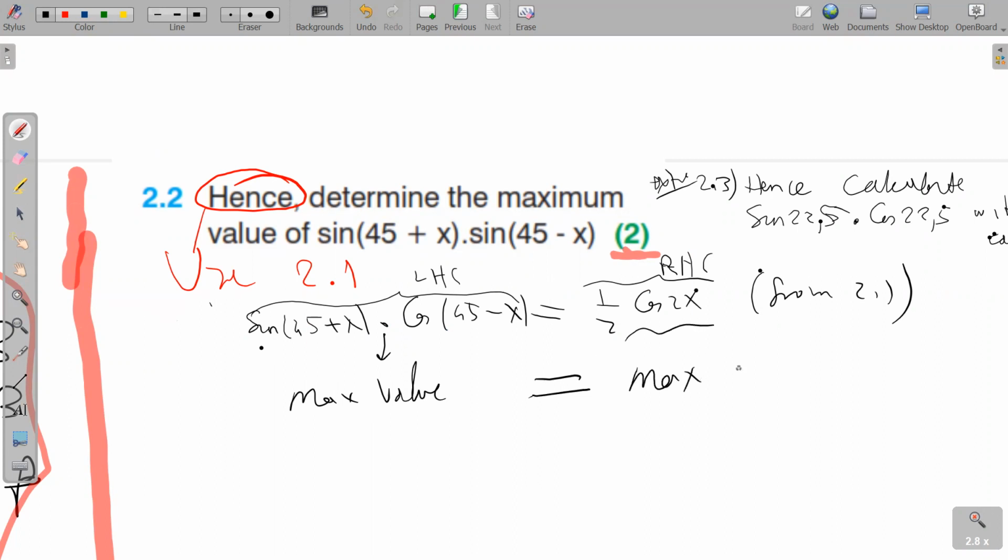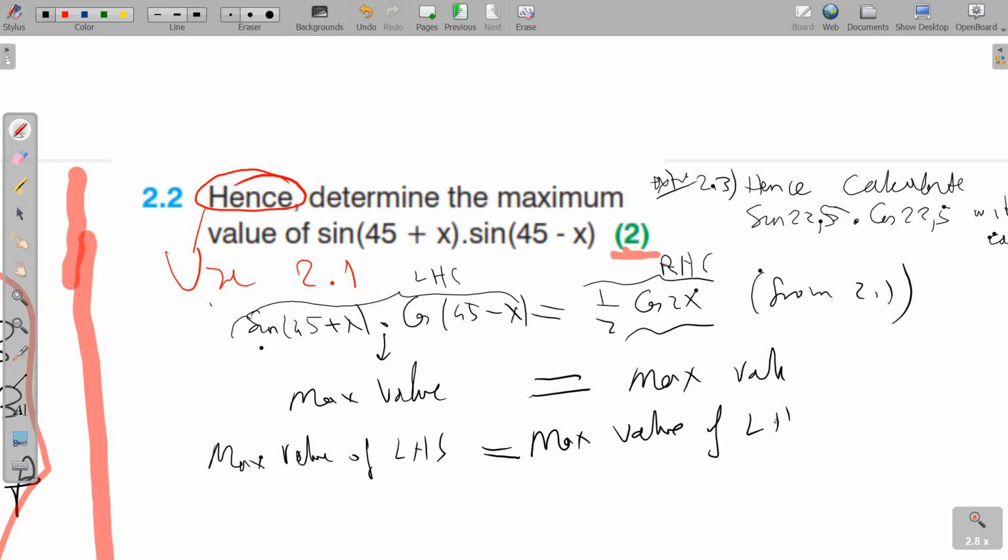This is the logic. It is very difficult to find the maximum value of the left hand side because it is complicated, but easy to find it for the right side. So you don't need that explanation. The maximum value of the left hand side must be equal to the maximum value of the right hand side.